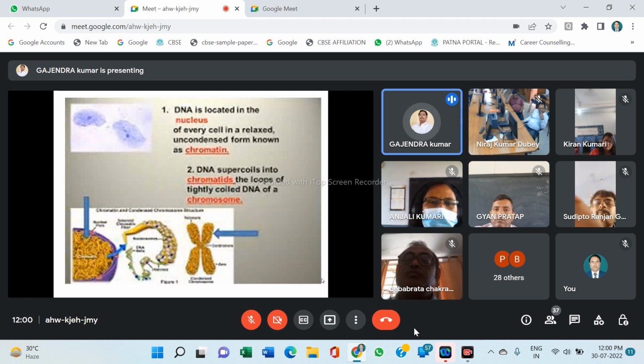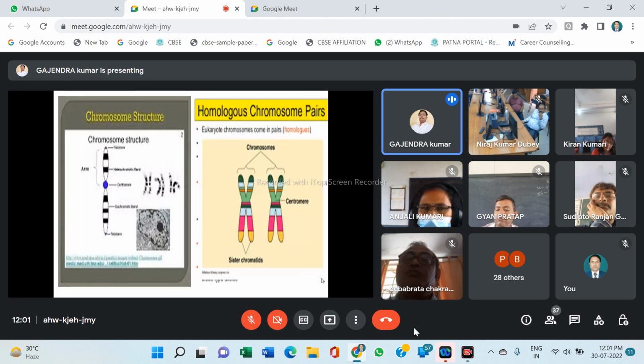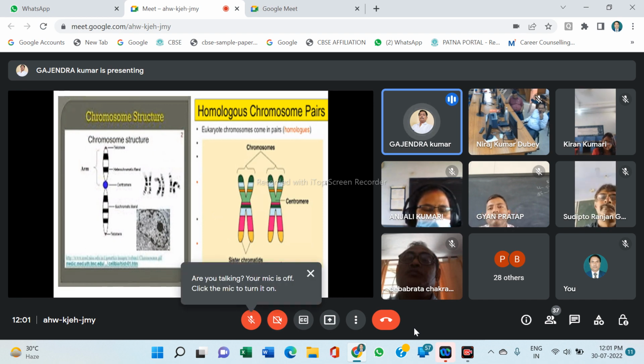DNA is located inside the nucleus of every cell in a relaxed, uncondensed form called chromatin. Chromatin is a thread-like fiber, and the coiled form of DNA forms chromatids, and the loop of tightly coiled DNA is the chromosome. Here we can see the chromosome structure: this one is the bivalent chromosome and this one is the tetravalent chromosome.